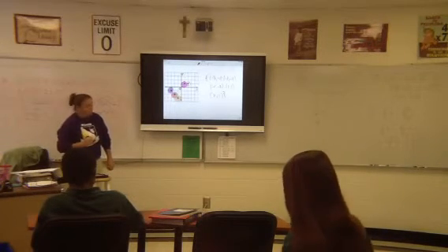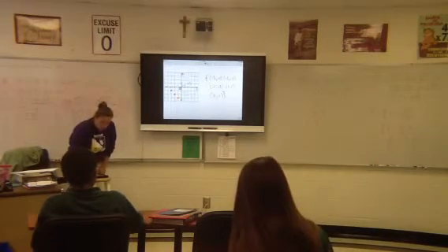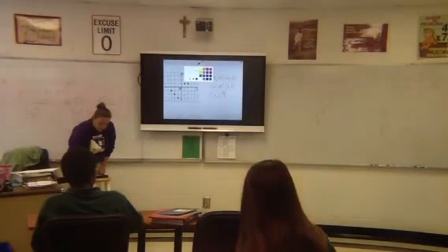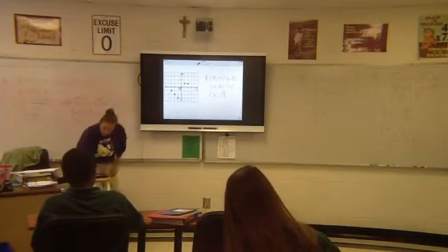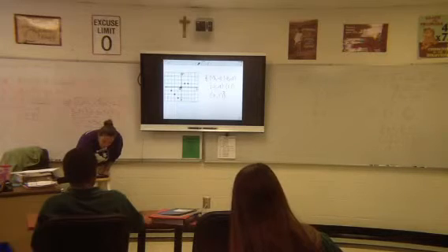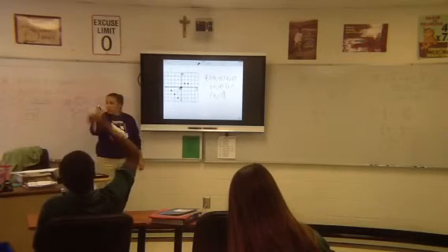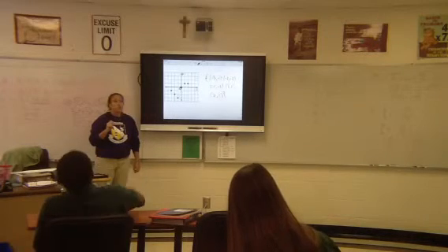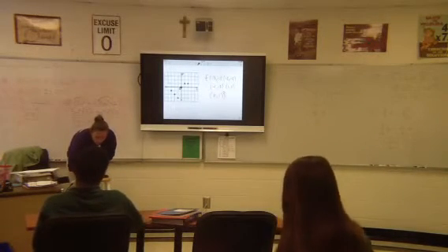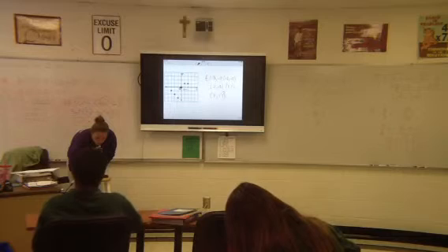Now, real quick review. This is some stuff that we should already know, but just in case we don't remember. Can someone tell me, I'm going to put a blue point right here, what is that called? Origin, very good. What's the coordinate point for the origin? 0, 0. Good.